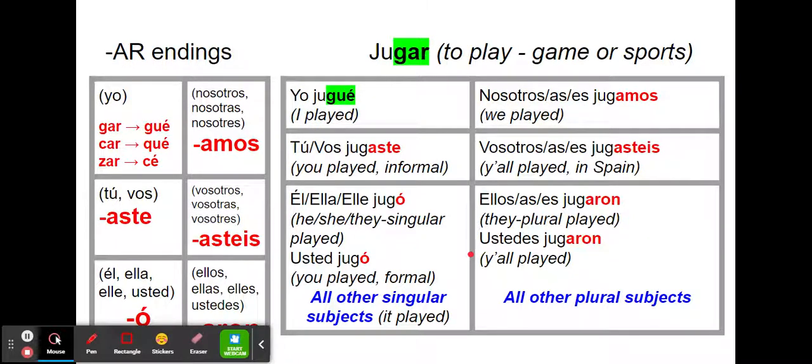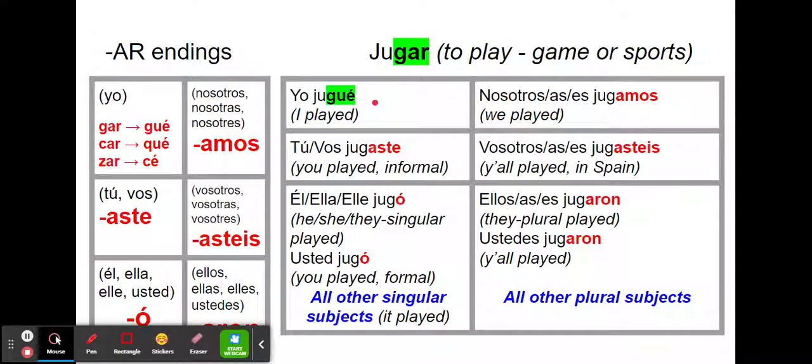And now let's look at how the verb jugar is actually conjugated. So jugar, as we can see, as I highlighted here in green, is a GAR verb, which means in the yo form that GAR is going to change to GUE. So the yo form of jugar is jugué, and that means I played.